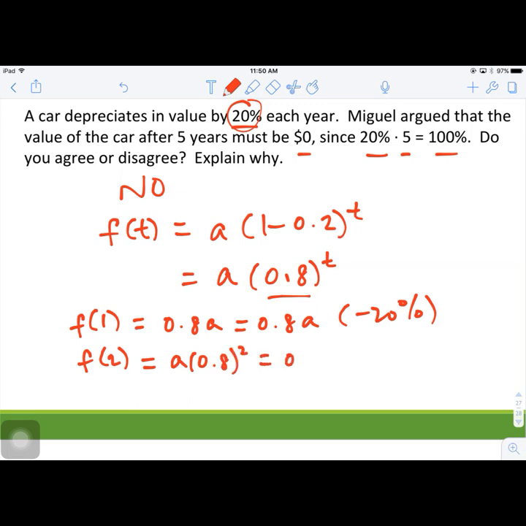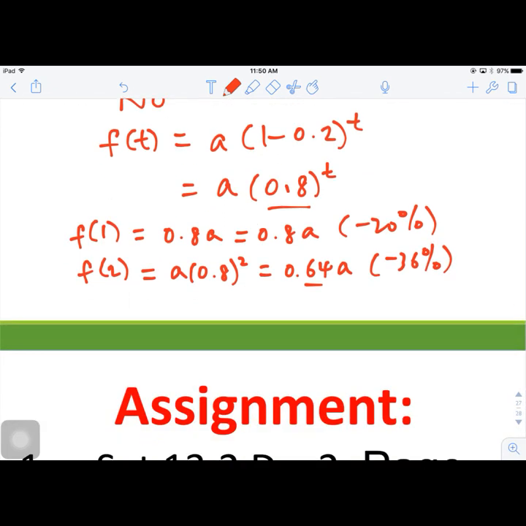Next year, it's going to come back at a times 0.8 to the second power, and that's going to be 0.64. That means it's only coming back at 64%. So you're losing 36% in year 2. And if you keep going, f of 3, that's going to be a times 0.8 to the third. That's going to be 0.512, or you're going to be losing 48.8%.